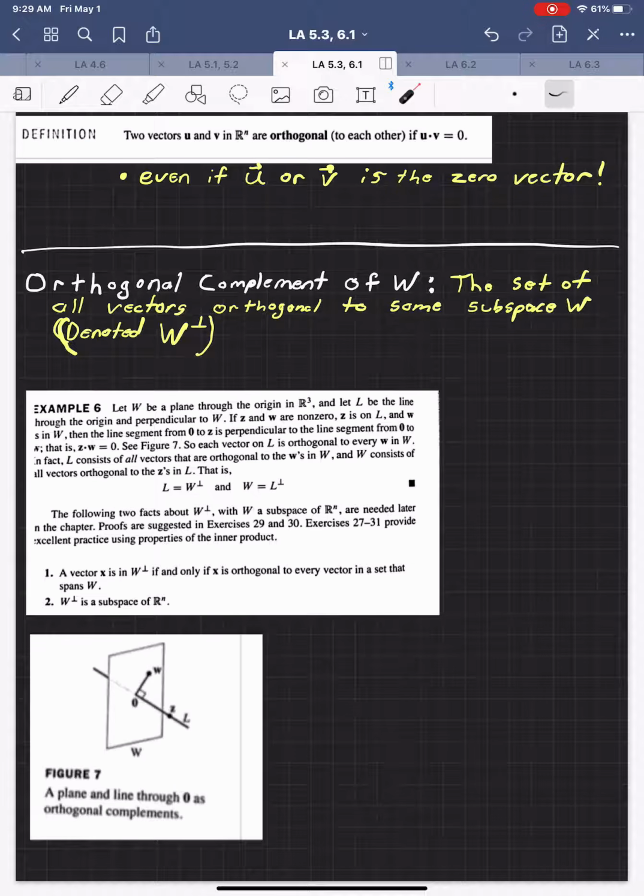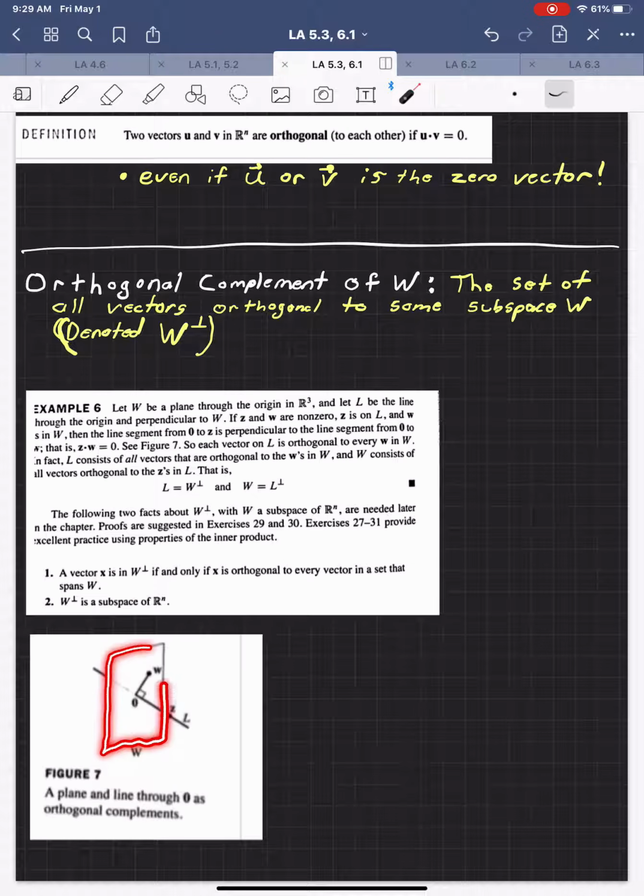You can read through example 6 if you'd like on your own time. You can kind of see the geometry of this statement here. That's more important to my learning.